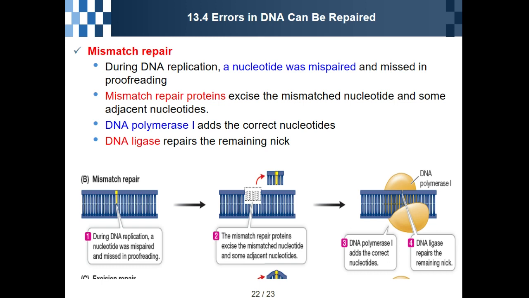Okay, it excises the mismatched nucleotide and some adjacent nucleotides like this. After that, DNA polymerase 1, not 3, DNA polymerase 1 adds the correct nucleotide. Finally, DNA ligase repairs the remaining nick like this. So this is mismatch repair.